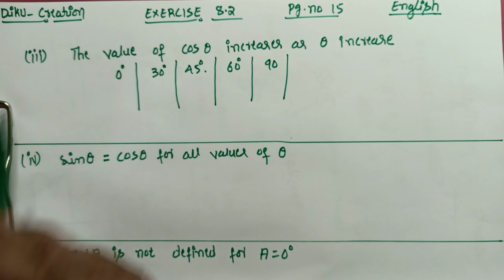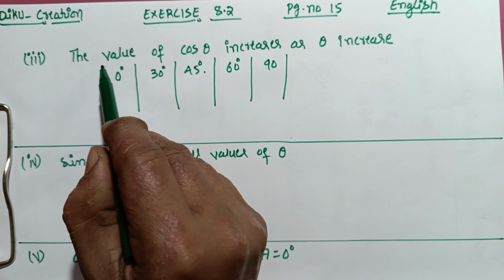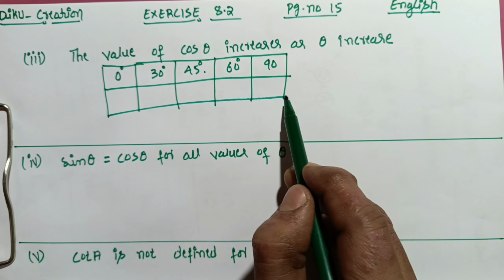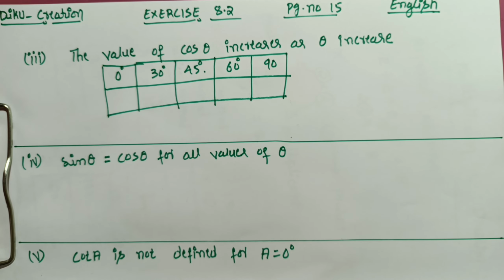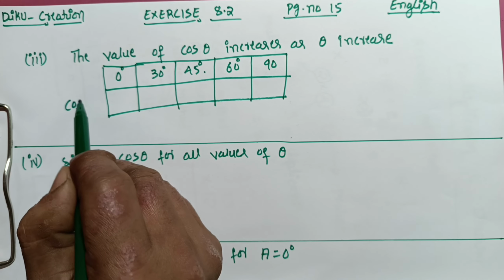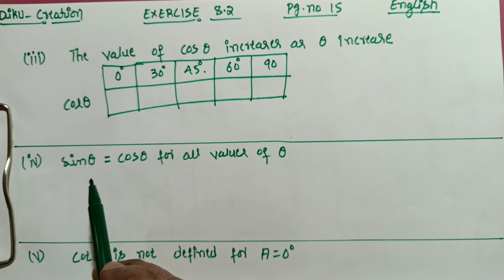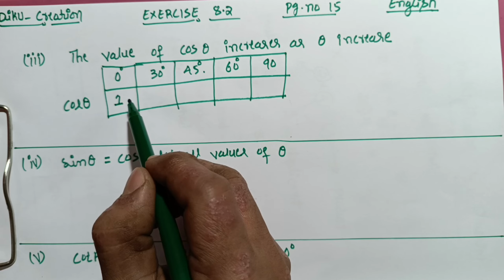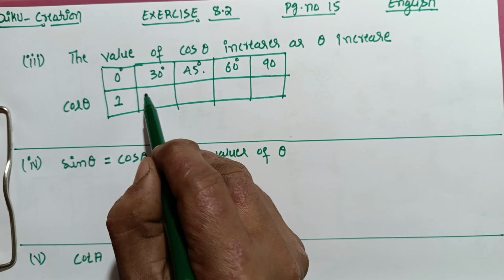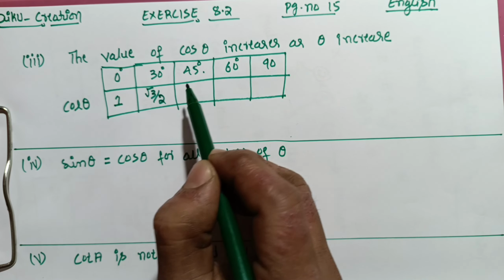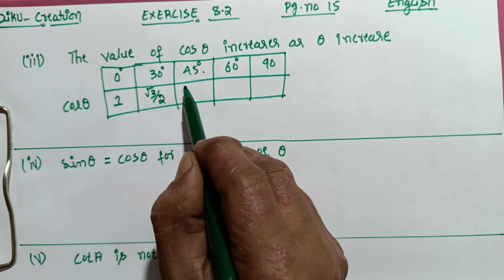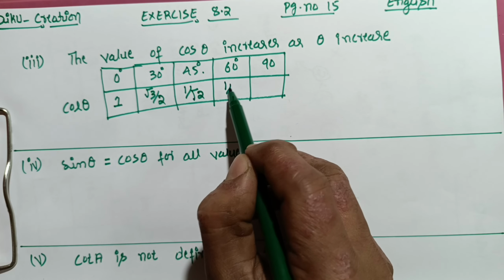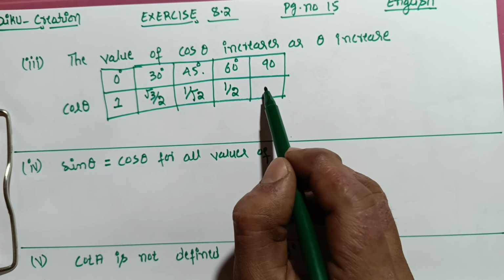Then probably it would be very easy for all of us to understand. So now I will write the cos theta values. From the table we need to write the values. Cos 0 degree is going to be 1. Cos 30 degree value is root 3 by 2. Cos 45 degree value is 1 by root 2. Cos 60 degree value is 1 by 2. Cos 90 degree value is 0.